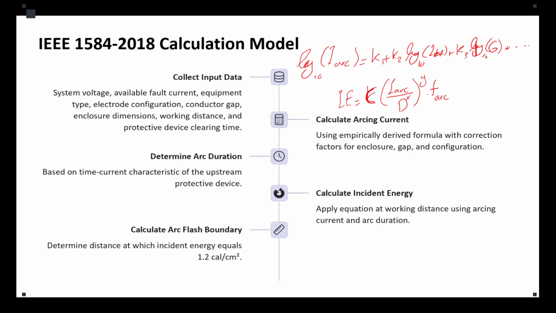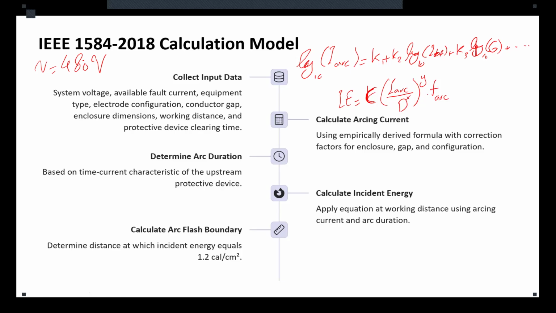Let's go over one example to make sure we understand this model. Let's say we have a case where our nominal voltage is 480 volts.